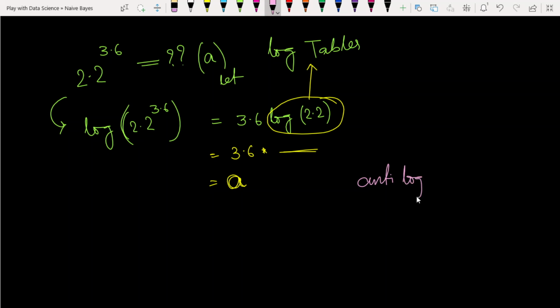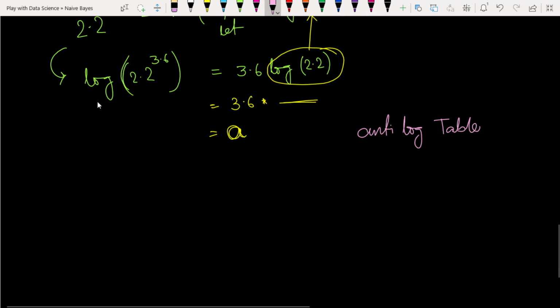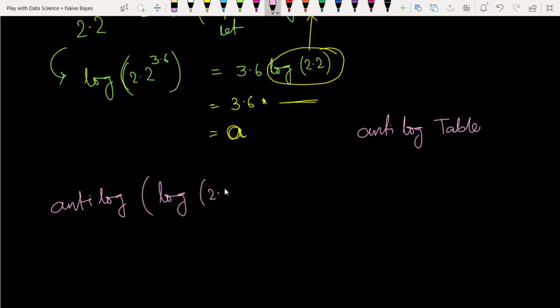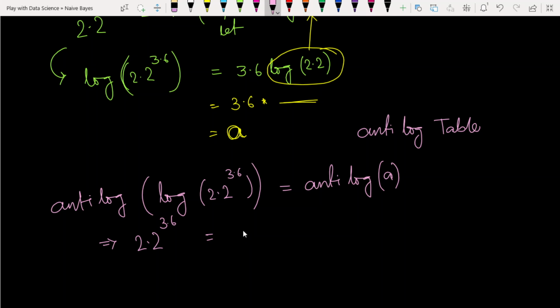From the log table we calculated this value, and now we want to remove the log function. We simply use the anti-log, and anti-log and log cancel each other out. So the value can easily be found from the anti-log table.